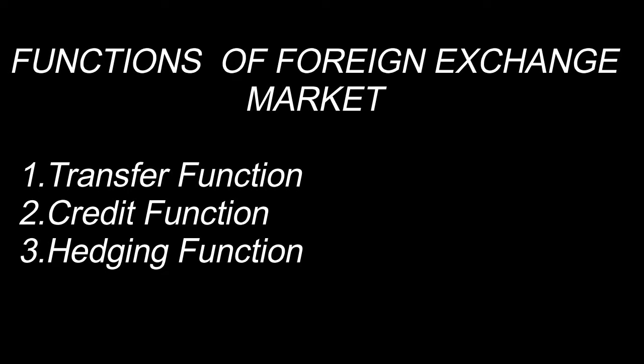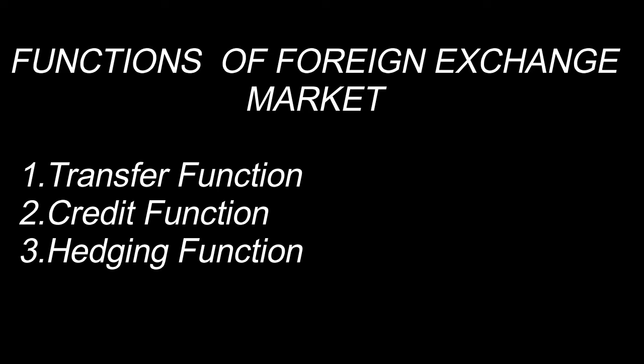Second is the credit function. It gives credit for foreign trade. Bills of exchange with a maturity period of 3 months are generally used for international payments. Credit is required for this period in order to enable the importer to take possession of goods, sell them, and obtain money to pay off the bill.